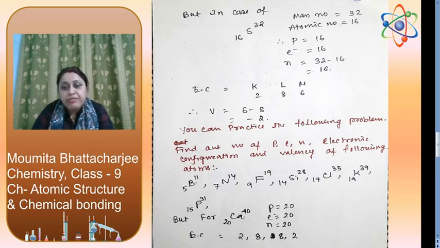But for calcium 40/20, one thing is there: here proton 20, electron 20, neutron 20, electronic configuration 2, 8, 8, 2. Why have I written it in this KLM shell? In the M cell it should be 18, so we could write a total of 10 electrons, but instead of writing 10 electrons, we are dividing these 10 electrons into two parts, 8 and 2, and these 2 electrons are transferred to the next cell.